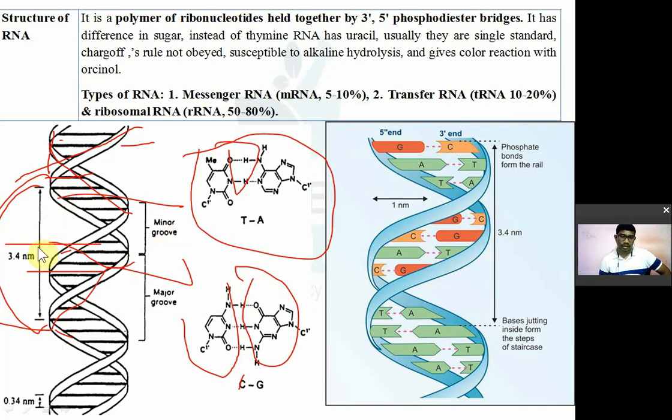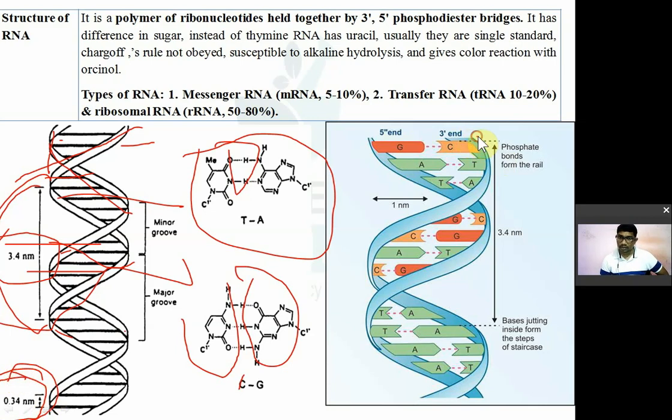Each base pair is spaced at a distance of 3.4 angstrom, which is 0.34 nanometer. So each helix occupies 3.4 nanometer, or 34 angstrom, and each base pair is placed at 3.4 angstrom, or 0.34 nanometer.